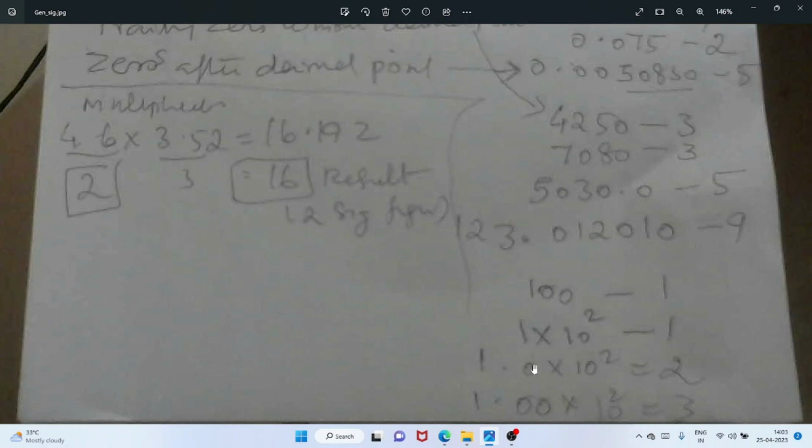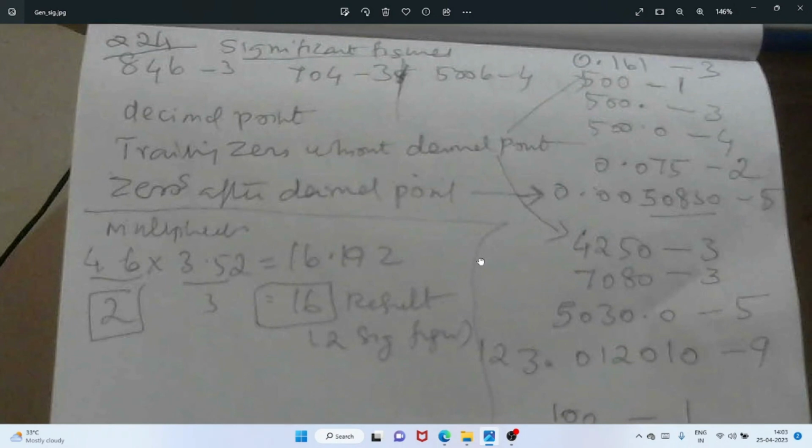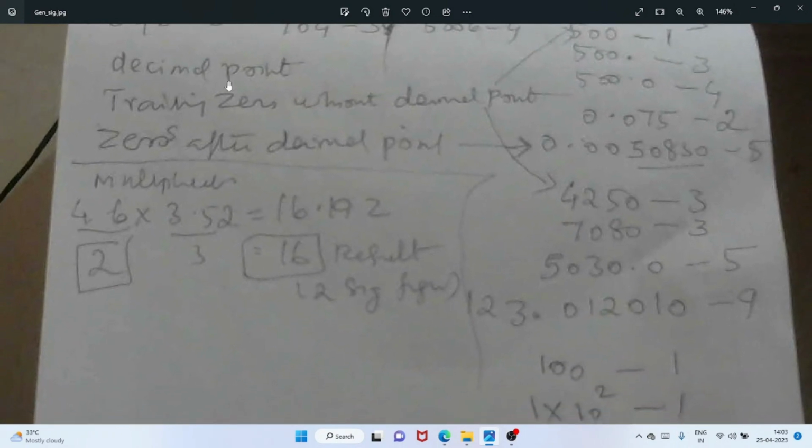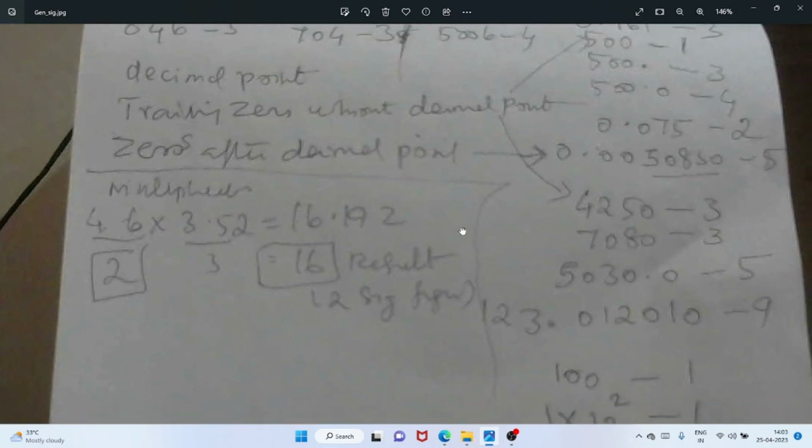But 1.0 into 10 square has 2 because there is a decimal point. 1.00 into 10 square has 3. So you have to see whether the decimal point is there or not, trailing zeros without a decimal point and 0 after the decimal point. These things you have to take into consideration.